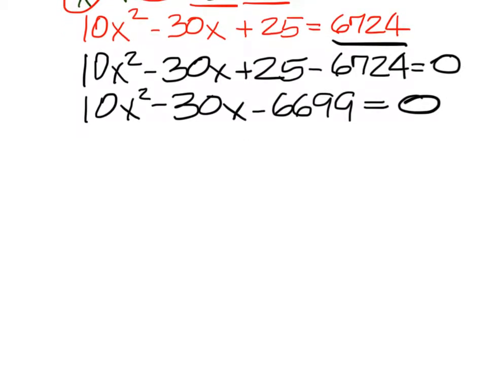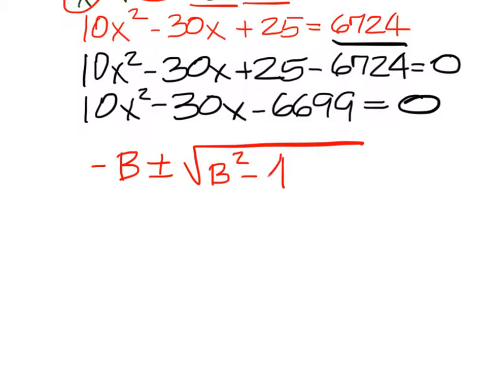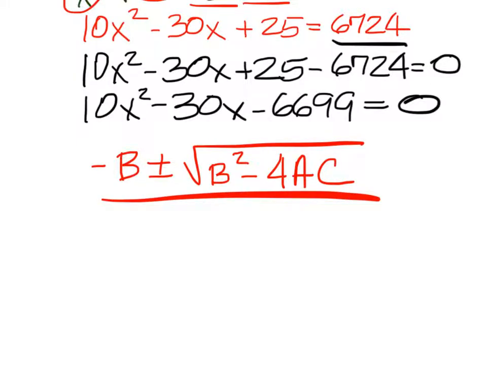And as a reminder, not as teaching it for the first time, the quadratic formula is negative b plus or minus the square root of b squared minus 4 times a times c, all of that over 2a. And b is going to be this, negative 30.